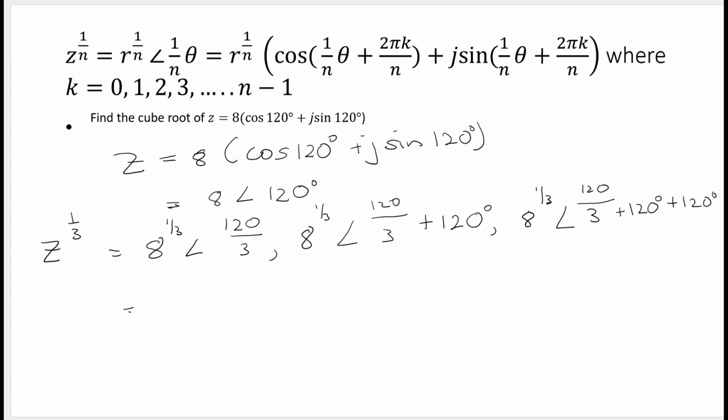The cube root of 8 is actually 2, so we could write it like that. 120 over 3 is 40. Then 2 angle, the next one is going to be 40 plus 120, so that's 160. The next one is 2 angle, add on another 120, that would be 280 degrees.